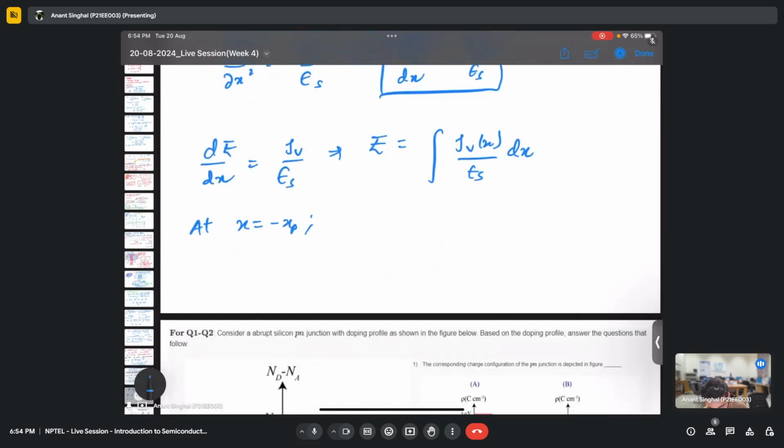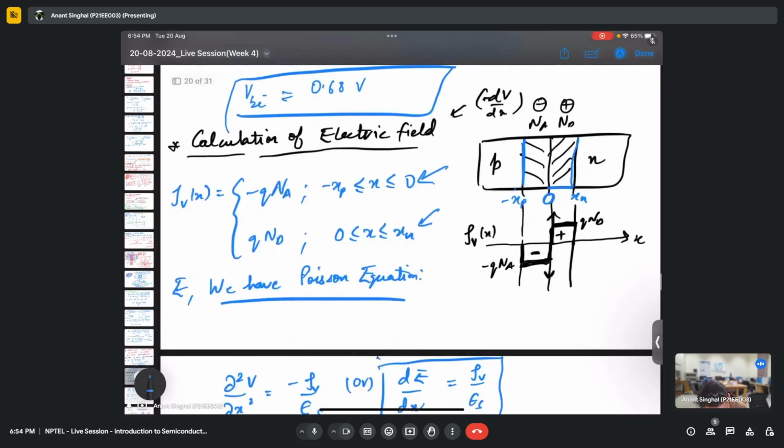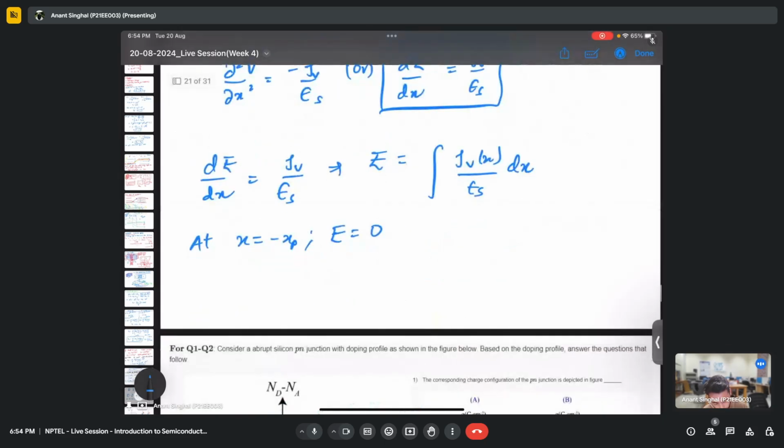At x equals minus xp we have zero electric field. From here to here we have zero electric field. The field that is changing is between the depletion region only. So the boundary condition at x equals minus xp is E equals 0. First I am writing the solution, which is minus qNa by epsilon s times x. The integration of the constant is times x plus c1.